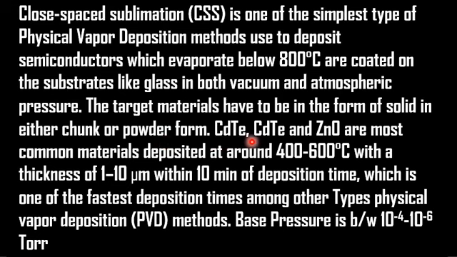Cadmium telluride, cadmium selenide and zinc oxide are the most common materials deposited at around 400 degrees centigrade to 600 degrees centigrade with a thickness around 1 to 10 micrometer within 10 minutes of deposition time, which is one of the fastest deposition times among the other types of physical vapor deposition techniques available. The base pressure used in closed space sublimation is around 10 raised to the power minus 4 to 10 raised to the power minus 6 torr.